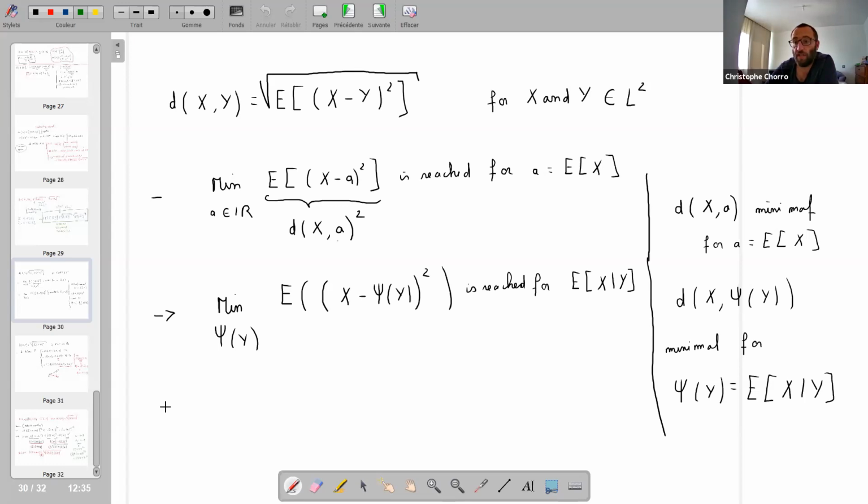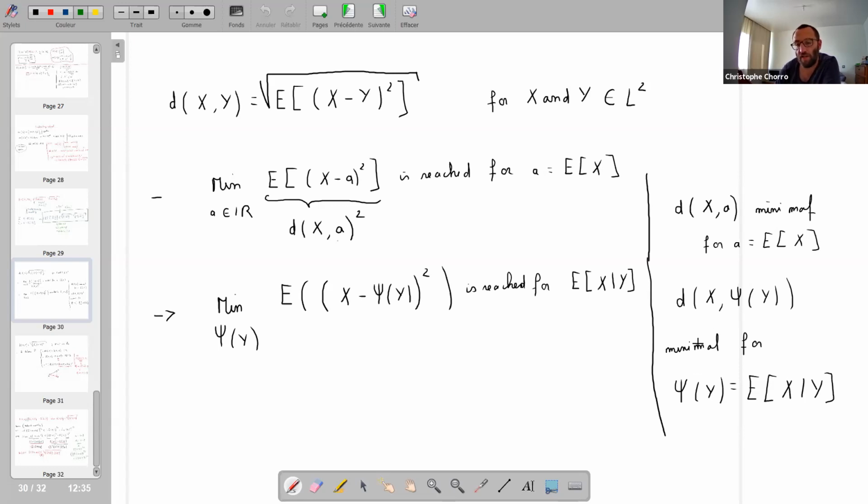And I want just to give more sense to this approximation point of view. I just say that, in fact, here you have square of distances if I define the distance between two random variables in L2 this way. So expectation is the one that minimizes the distance if I do the optimization over constants. Conditional expectation is the one that minimizes the distance if I do optimization with respect to functions of Y.